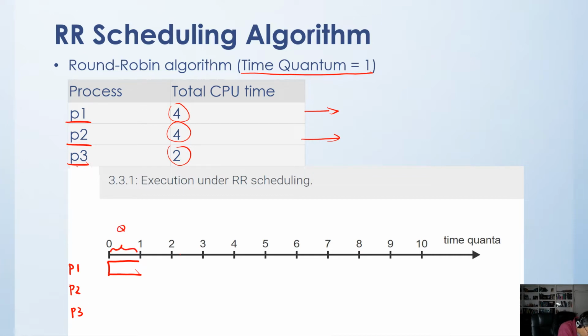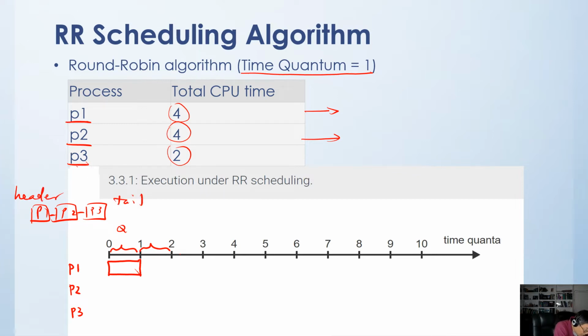P1, P2, and P3 are going to be in the same queue, in the order P1, P2, P3. That's the head, and that's the tail.